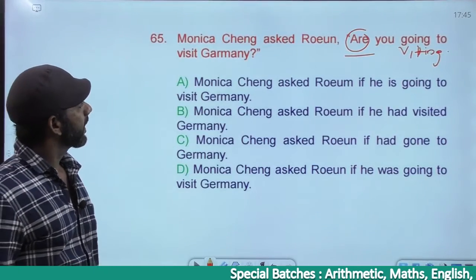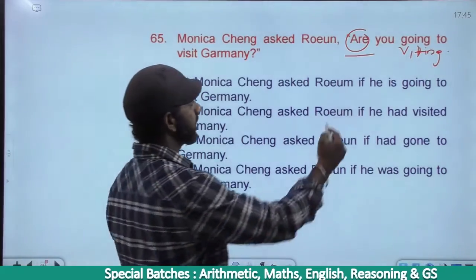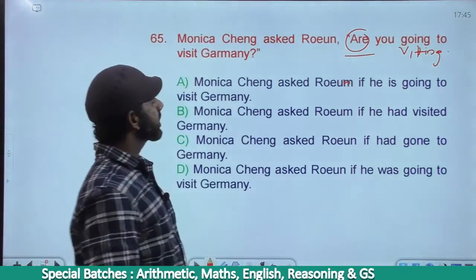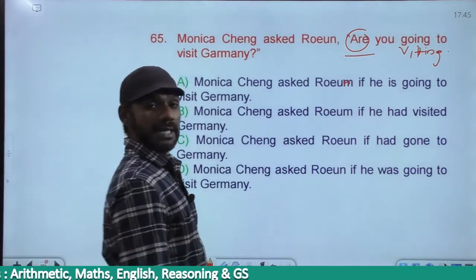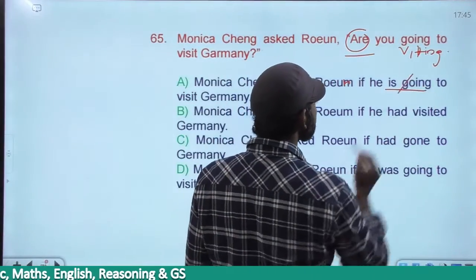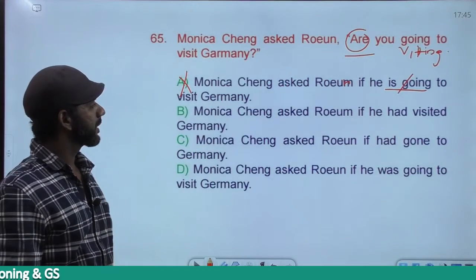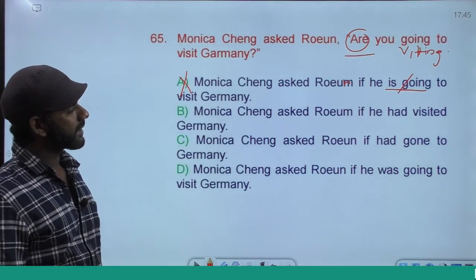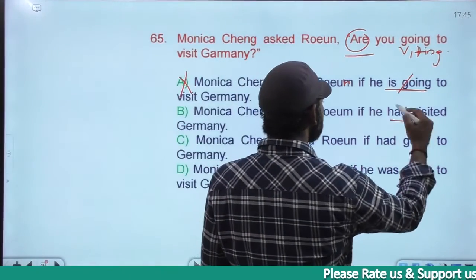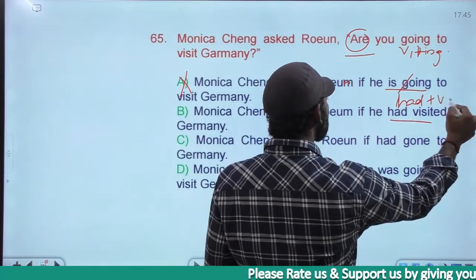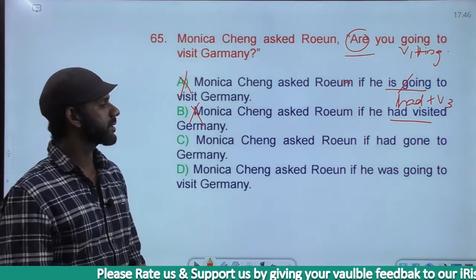Come to option A. Monica Cheng asked Ryan, it's Ryan I guess, I don't know what name. Monica Cheng asked Ryan, if he is going to visit Germany, is going is present continuous, we want past continuous, eliminated. Come to Bombay. Monica Cheng asked Ryan, if he had visited Germany, had visited is had plus V3, past perfect, option B is gone. We want past continuous.